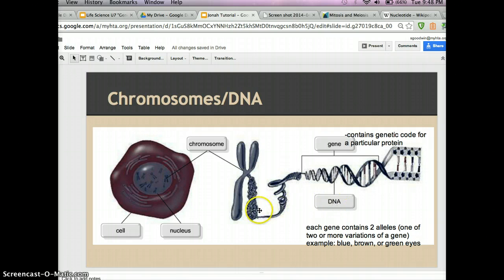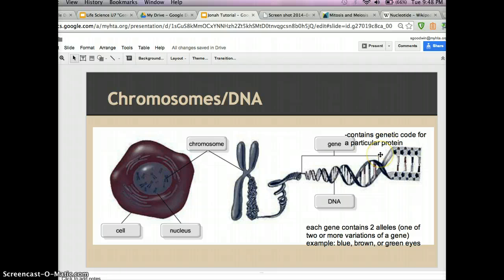Scientists can unwind it and break it into sections, into certain genes. So if we look from here to here, that's let's say one gene, and it's got some sort of genetic code for a particular protein.